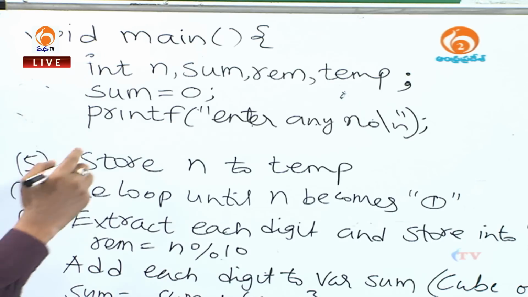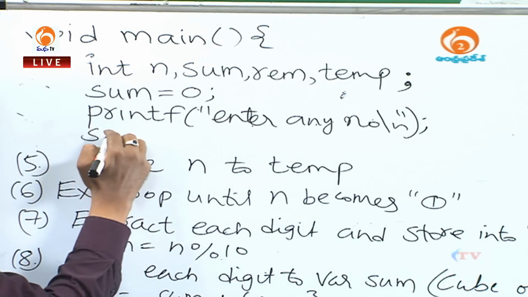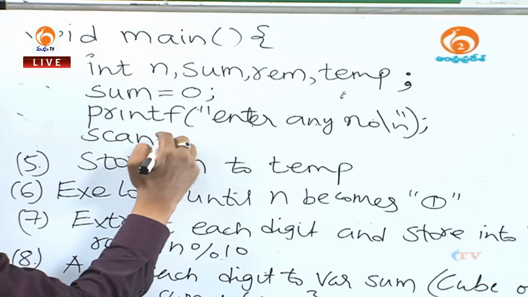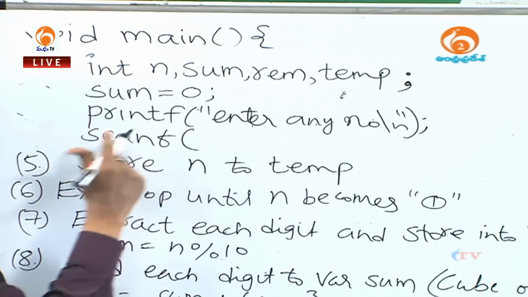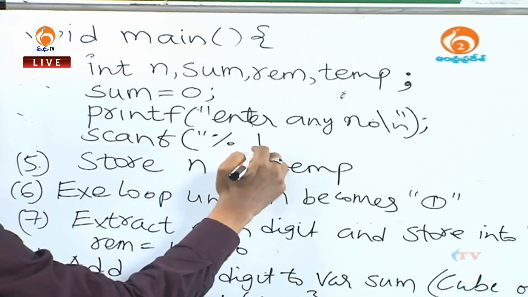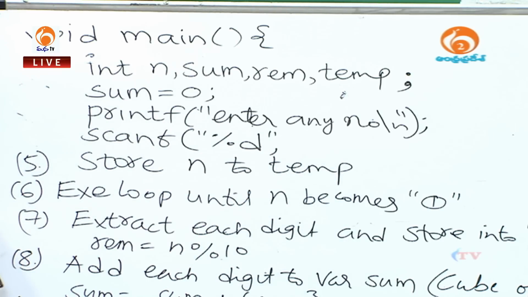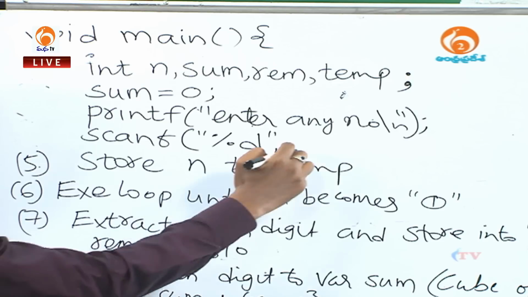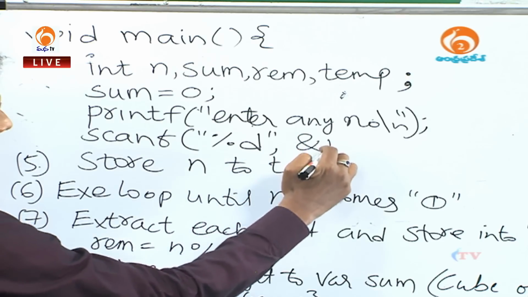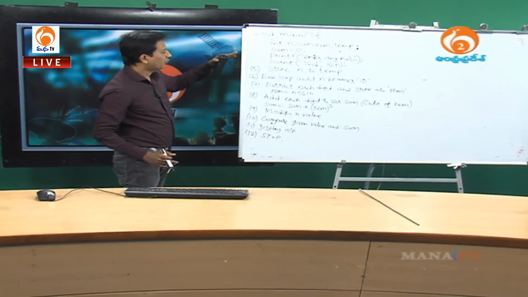Once the value is entered, we need to store it into a variable using scanf, a predefined function. If it is an integer, %d is the format specifier, then ampersand n. Step 4 is finished.